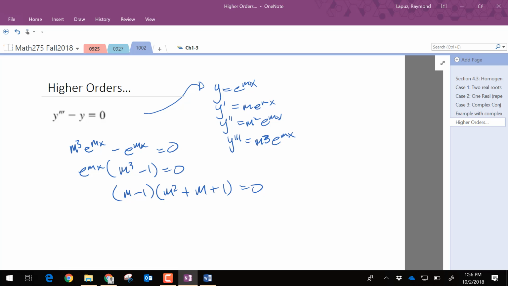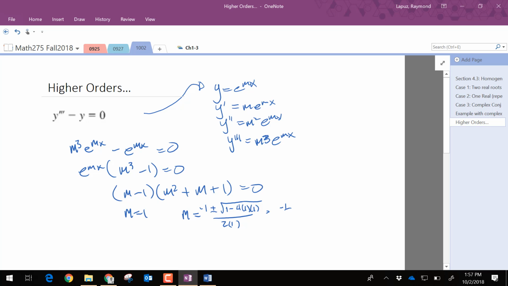The first one, we have m is equal to 1. That's nice and easy to remember. The second one is an irreducible quadratic, which means irreducible over the real numbers, which means it'll require you to use the quadratic formula. So if we set each of them equal to 0, we're going to get m is equal to 1 as one solution. And then we're going to get m is equal to, let's use the quadratic formula, negative b plus or minus the square root of b squared minus 4ac, all over 2a.